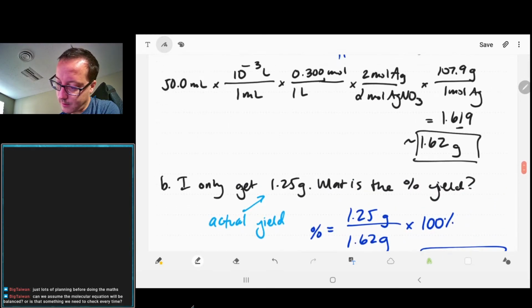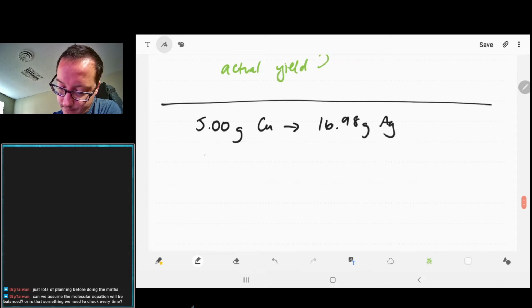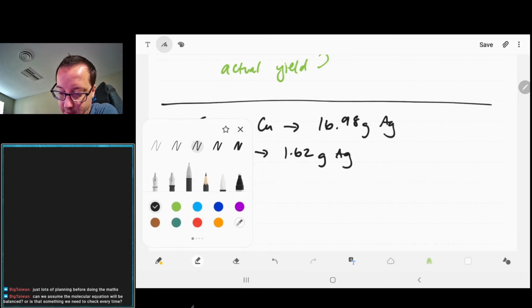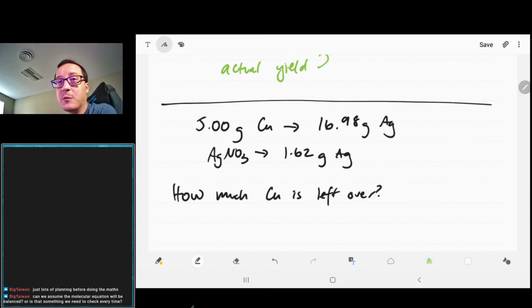And then the other one we got 1.62. We can also figure out, so we know that silver nitrate was our limiting reactant, which means that we're going to have extra copper around.